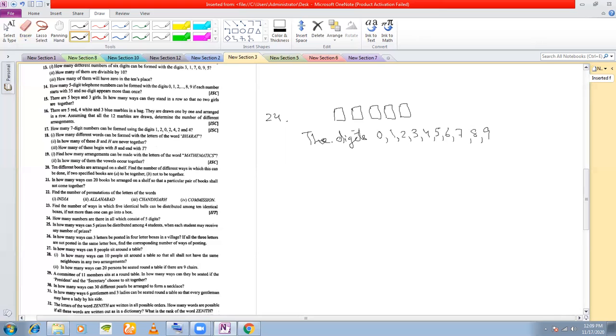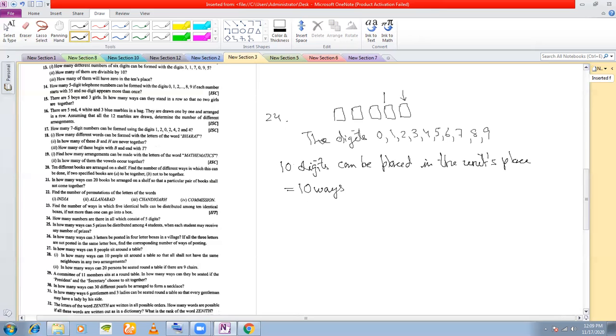Now see here, first of all, in the units place, there are 10 digits given to you. 10 digits can be placed in the units place in how many ways? 10 ways, right?